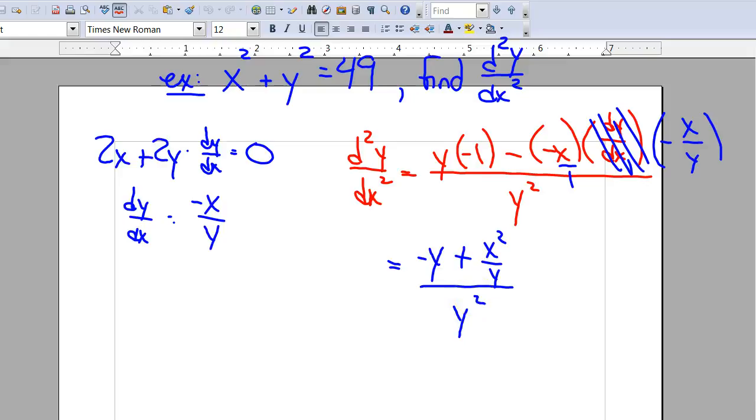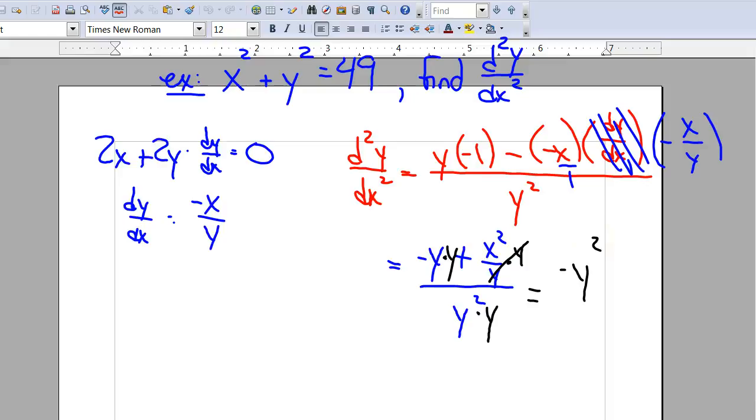Then you're not allowed to have a fraction on top of another fraction. So I'm going to multiply this term by y so that those cancel. But that means I have to multiply every term by y, because I'm fair. That gives me negative y squared. What did I miss?